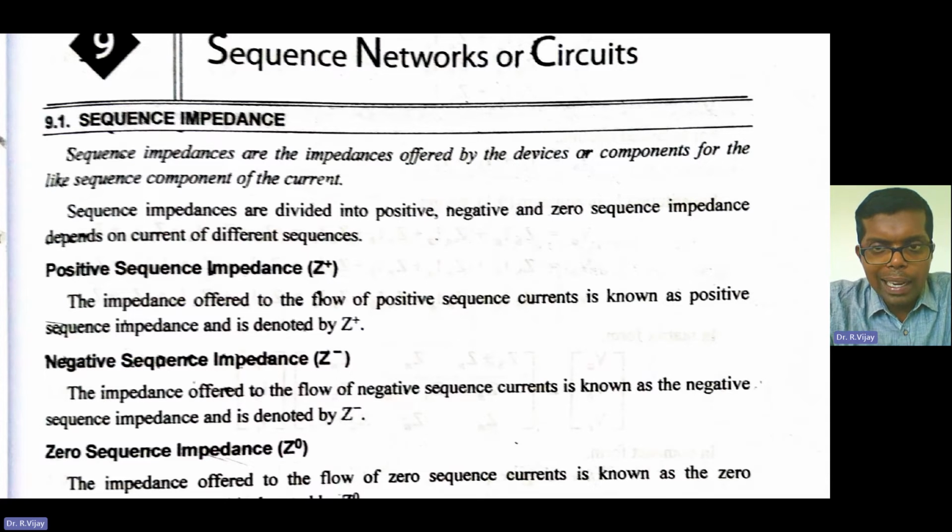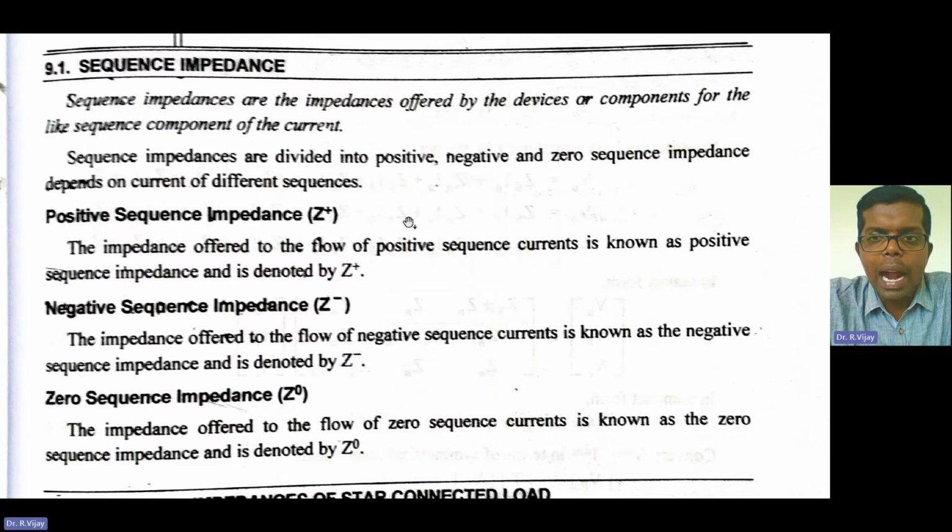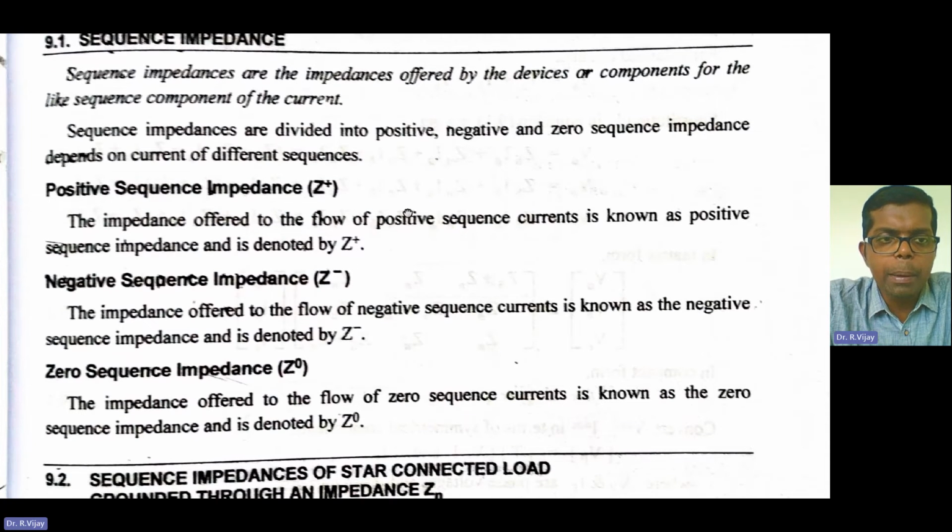While analyzing, we have to note down the sequence impedance of the generator, the transmission line, the transformer, the load, everything. Here sequence impedances are divided into positive, negative, and zero sequence impedance depending on the currents of the different sequences.